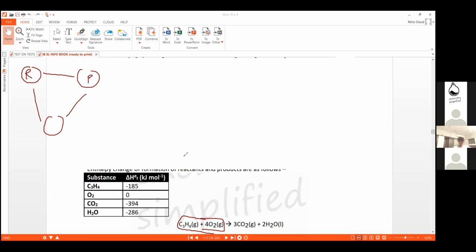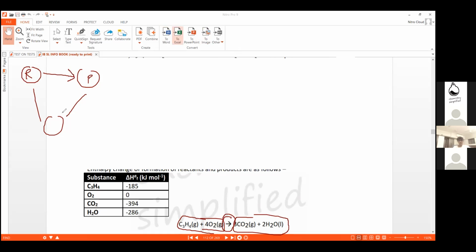And here I write the products of the reaction, which means these. This arrow already you can see is pointing towards the product, like reactants becoming the product.